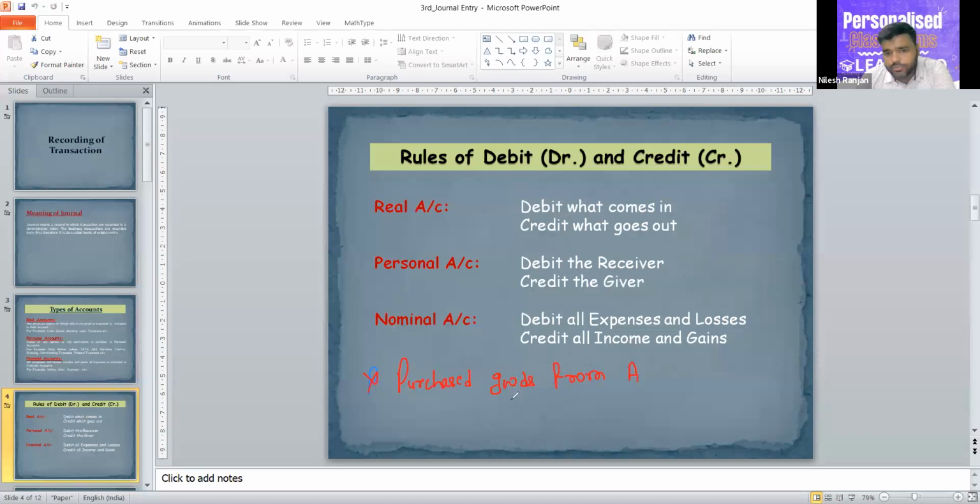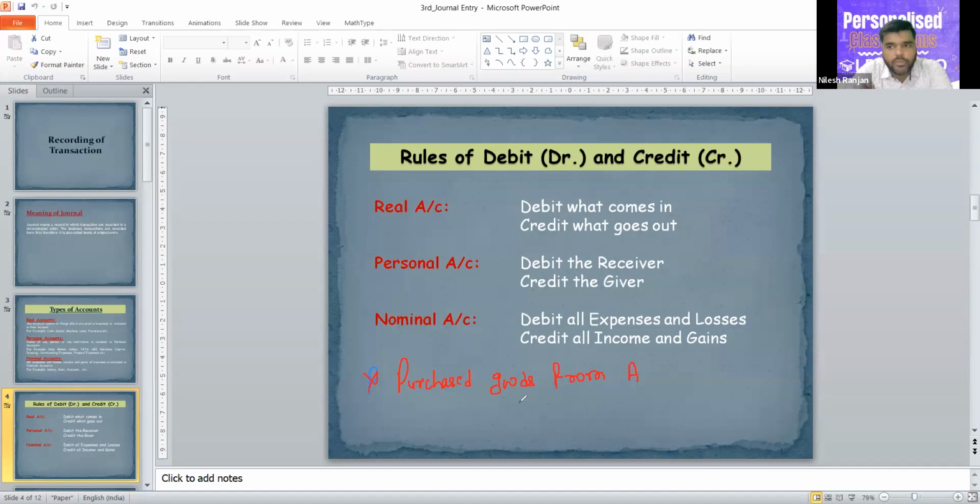Now, if this purchase is made on a cash basis, then we receive goods and pay cash. So do we need to remember the name of A? No, because we paid in cash.